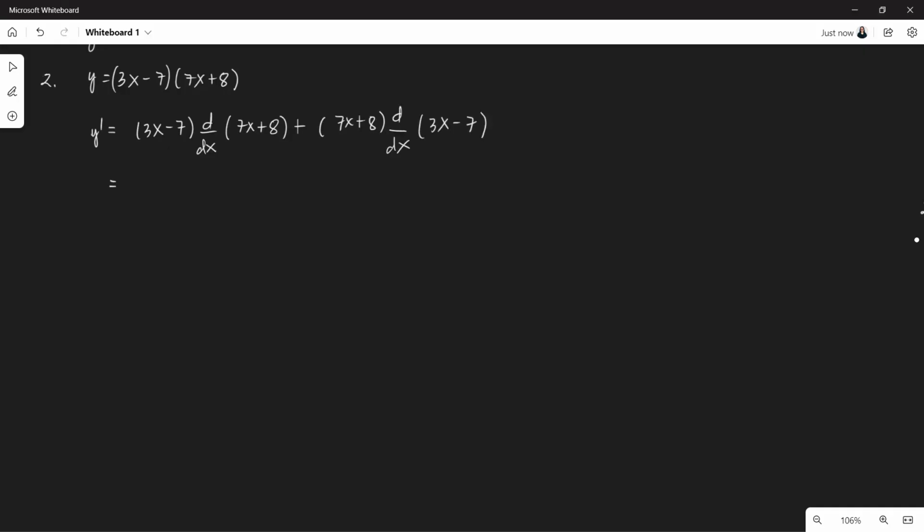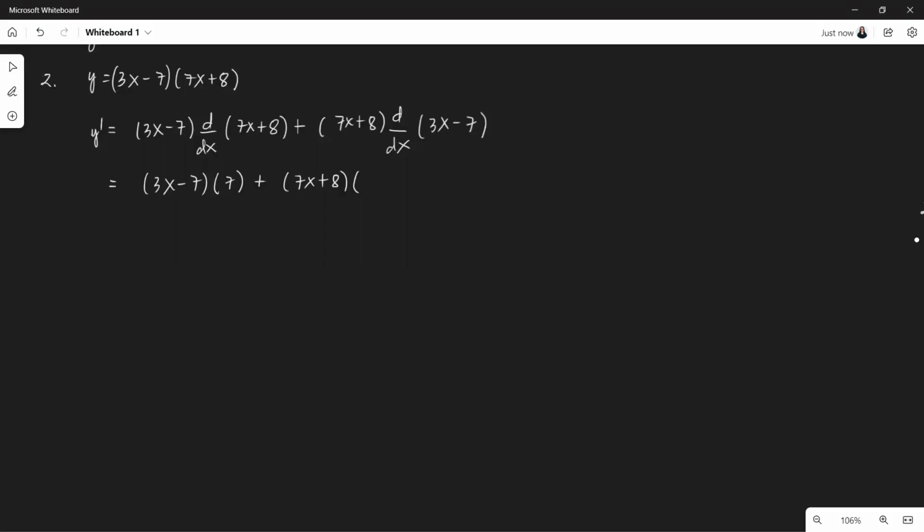So copy 3x minus 7 and then multiply it with the derivative of 7x plus 8, which is 7, plus, okay, copy 7x plus 8 and then multiply it with the derivative of 3x minus 7.